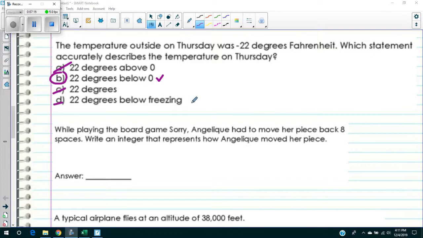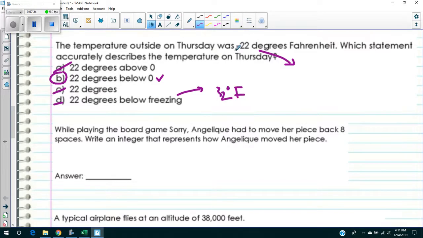The freezing point for Fahrenheit is 32 degrees. Where is freezing? 32 degrees Fahrenheit. So this part here makes no sense. Yep, okay, looks good.